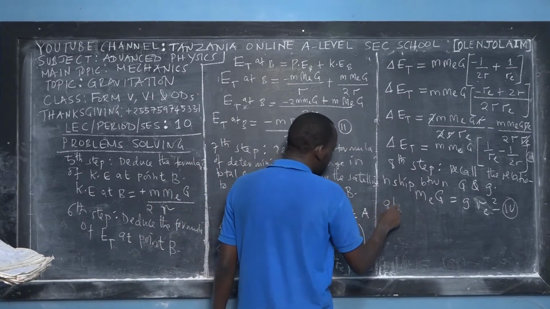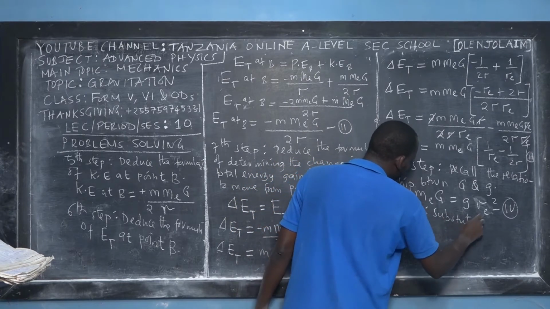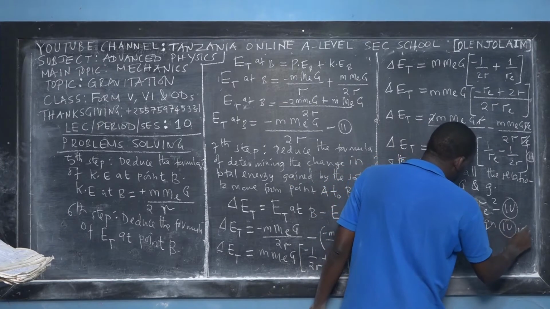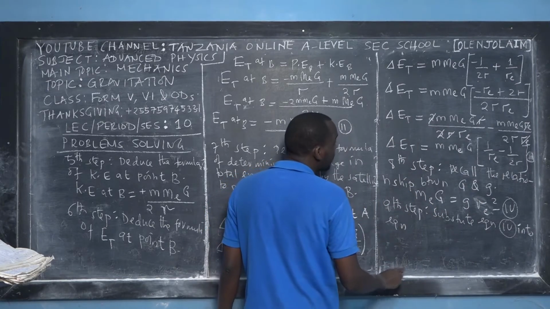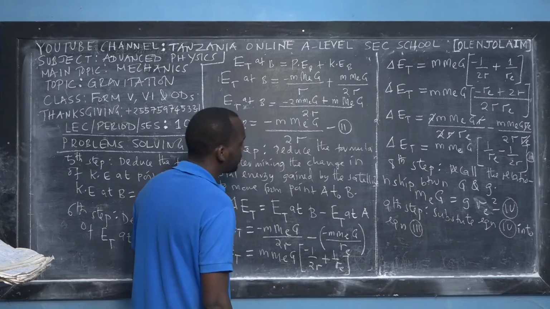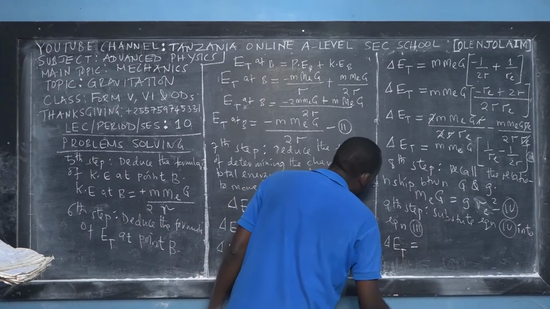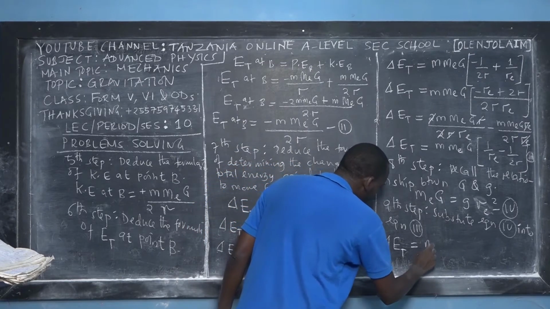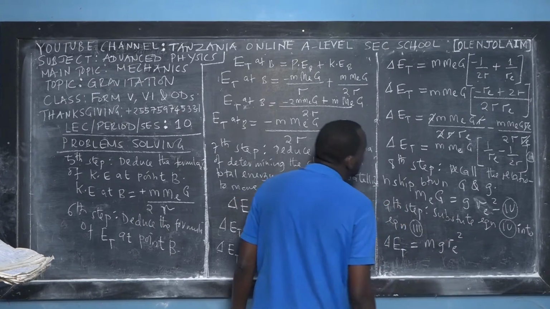So that is the ninth step. In the ninth step, we substitute equation 4 into equation 3. Then if you substitute it, we get the formula for the change of total energy between two points, on the S surface and on the satellite's orbit, which will be equal to the mass times the acceleration due to gravity times the radius of the S squared.